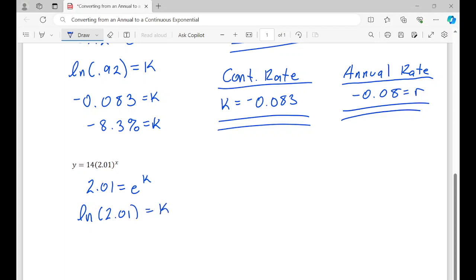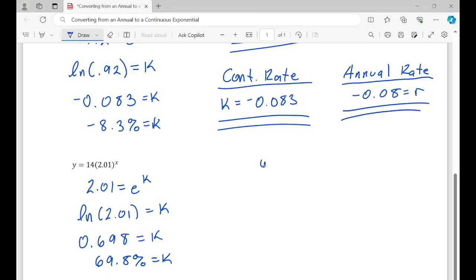Natural log of this to 3 decimals, I'm going to end up getting 0.698 equals k, which again, as a percentage, if you want it, just multiply by 100, is 69.8% for k.